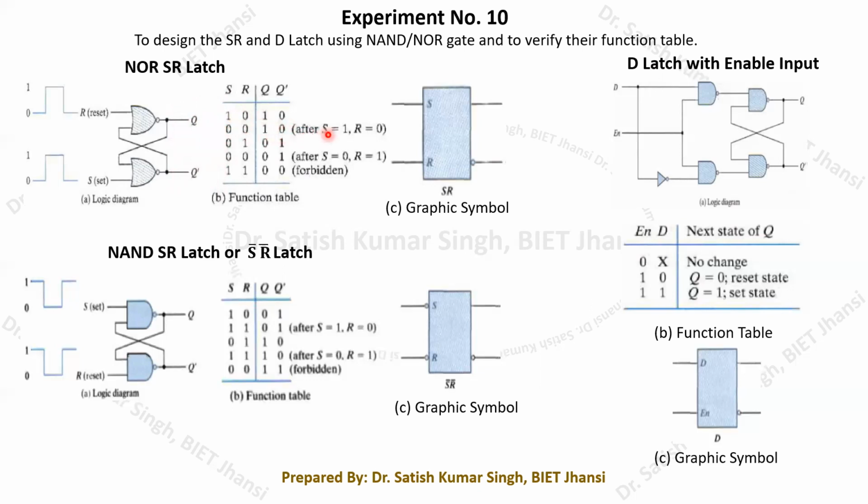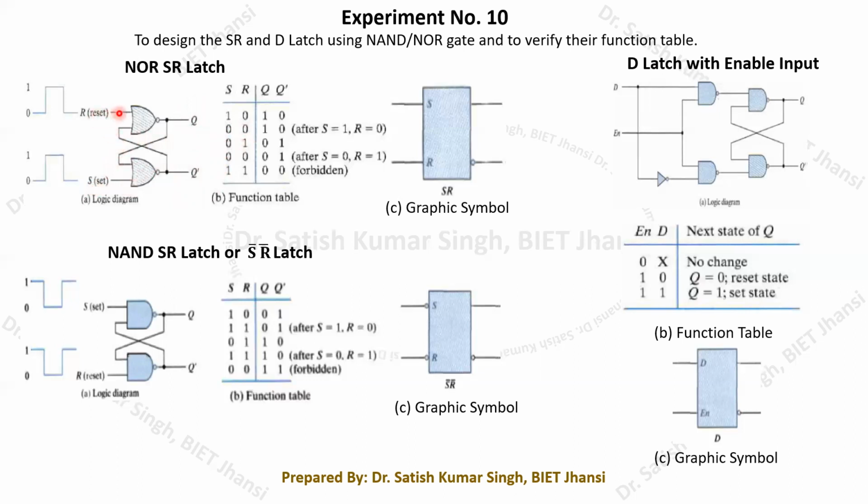So after s equals 1 and r equals 0, if you apply this combination, the output has to remain at 1 and 0. Now, let us say the input combination is 0, 1. Even after this 0, 0 combination, if you wish that this output q should go low, it should go to 0, at that time you have to apply r equals 1 and s equals 0.